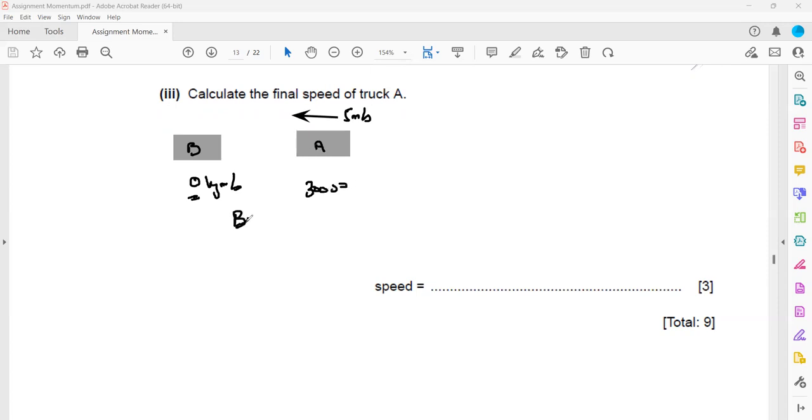That's before the collision. Then when they collide with each other, they bounce back. Truck B moved in the opposite direction, so truck B moved towards the left and truck A moved towards the right. The momentum of truck B after is 27,000.